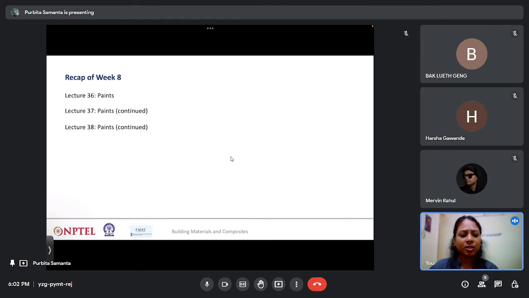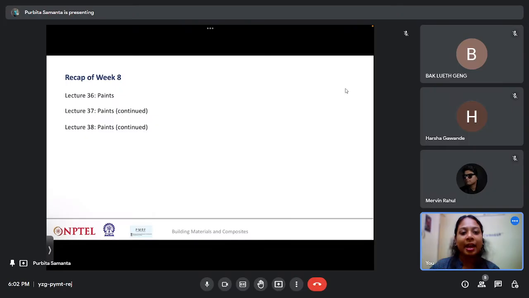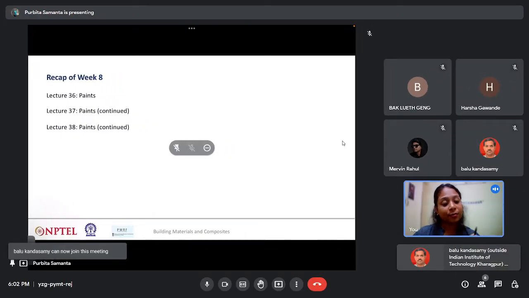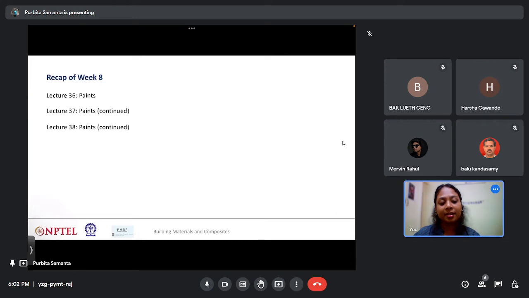In the first lecture it was mostly introductory: why paint is needed, and what the different constituents or compositions of paint are. Later we saw the different types of paints, how we can use them on different surfaces, the different defects of paint, and the different application processes. All these things were discussed in detail in lectures 37 and 38.